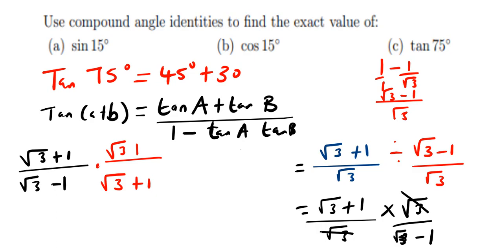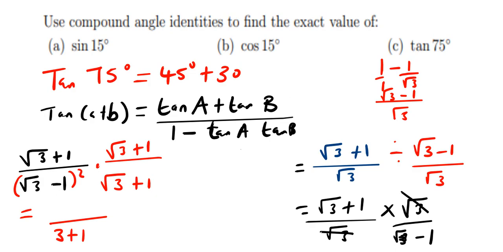The one that is down is a difference of two squares, so I can just get the first term and square it. 3 squared, the square and the root cancel, I'll just remain with a 3. Then 1 squared is just a positive 1.